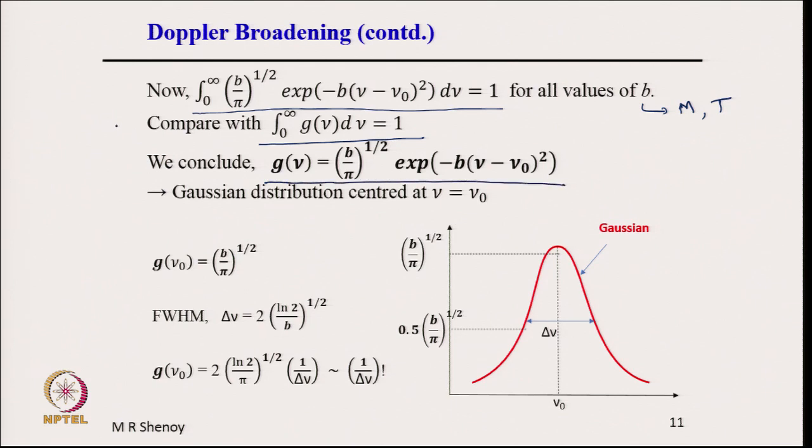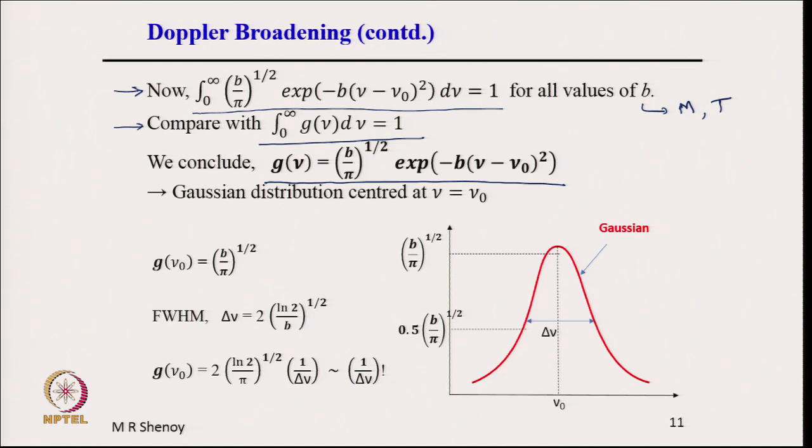Please see, this is the definition of the normalized line shape function. This is the integral specifying the interaction which we have got through the velocity distribution, and if this integral has to hold good for all values of b, then it must be equal to g nu, because g nu d nu integral 0 to infinity is equal to 1.